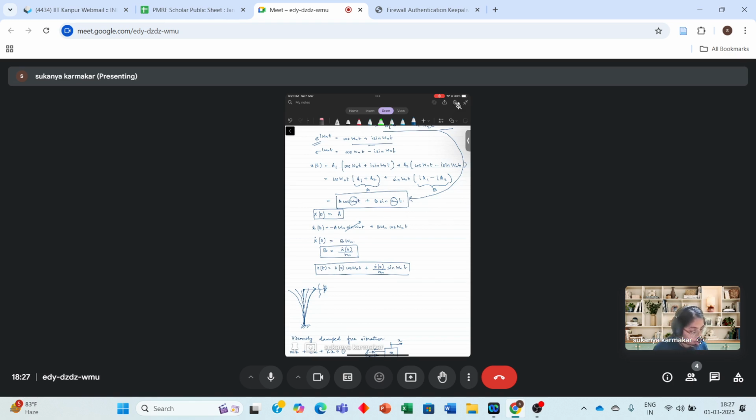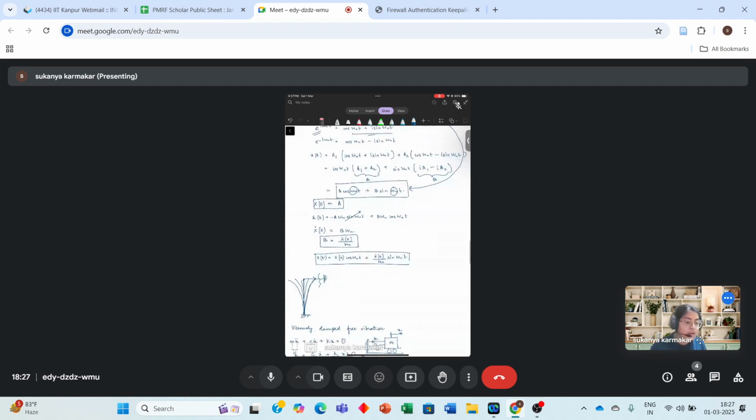So suppose you want to convert it into something like sine of omega n t plus phi. Or let's make this simpler.